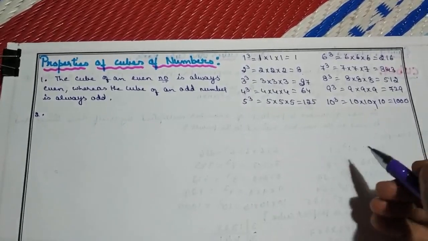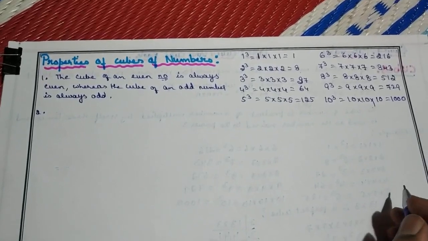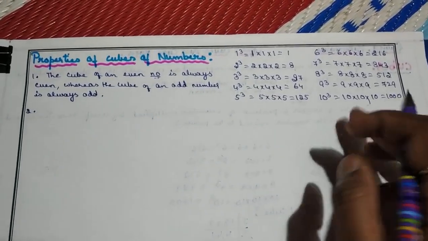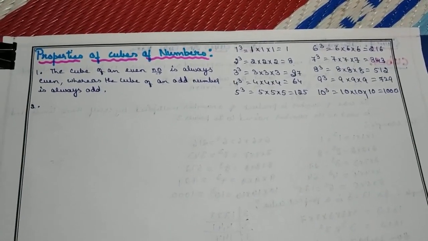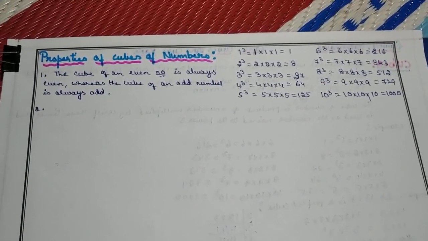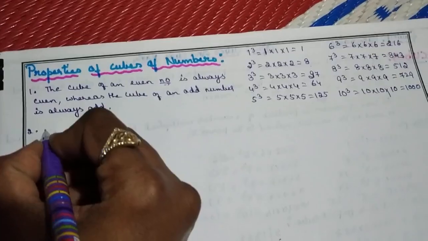Similarly, the next even number after 10, that is 12, its cube is 1728, which is also divisible by 8.